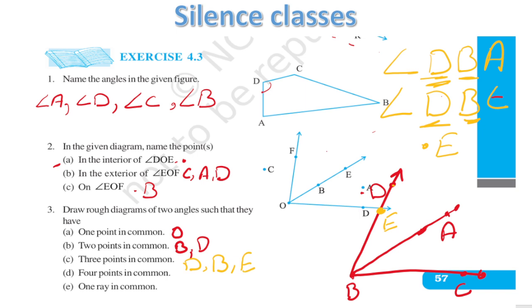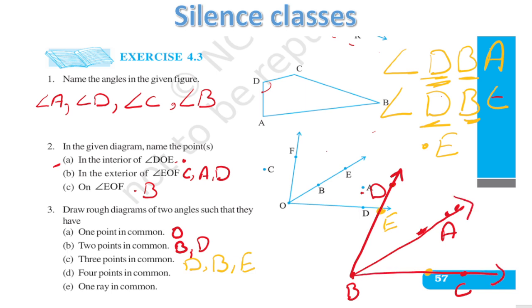Like this we can find 4 points in common. We can put a point over here also. In D, B, A, 2 points are common, and E. And in A, B and C, we can put a point over here also.